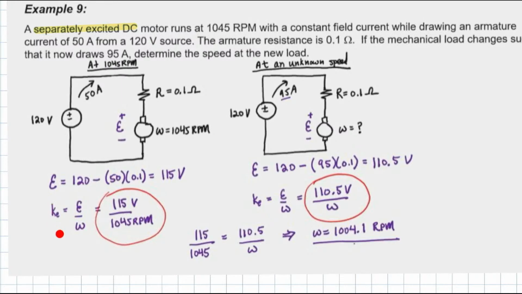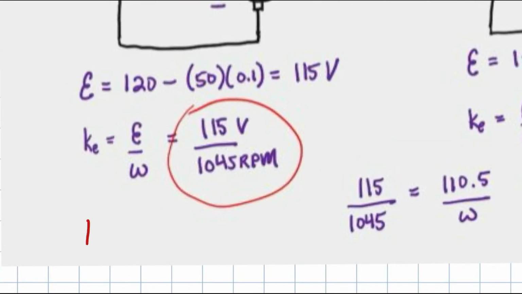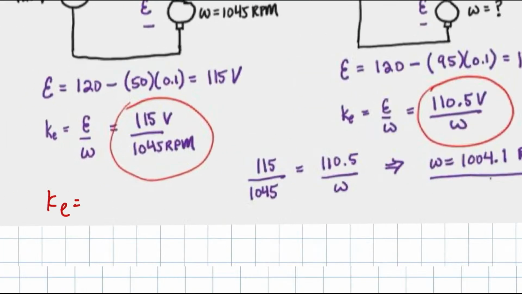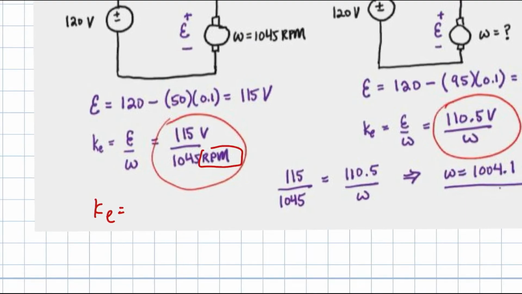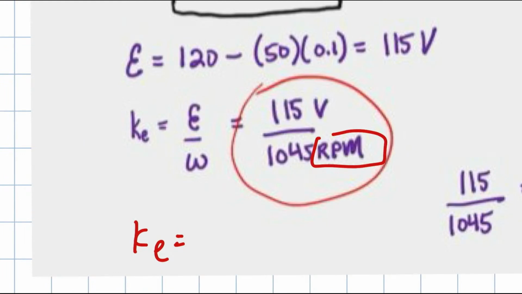So its EMF constant equals E over omega. Let's put it in the calculator: 115 divided by 1045. No need to convert the RPM, because here they want RPM as well. So we get 0.11.